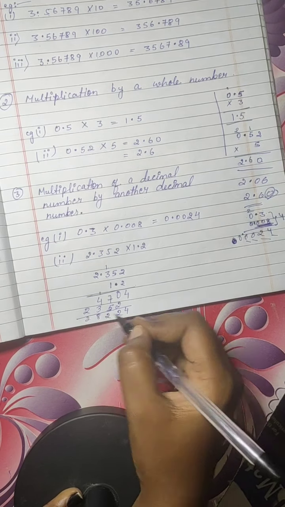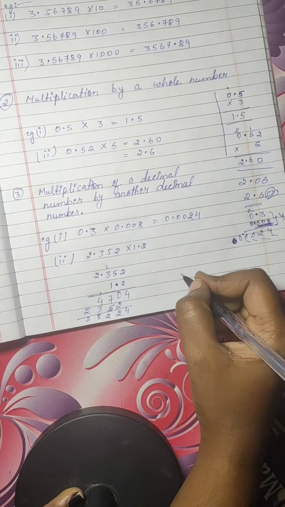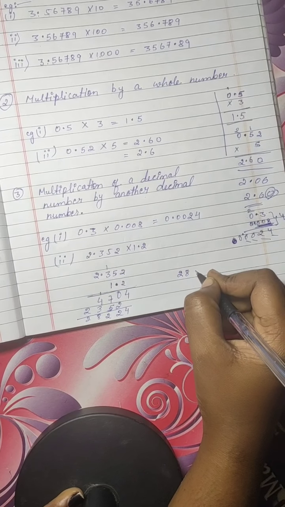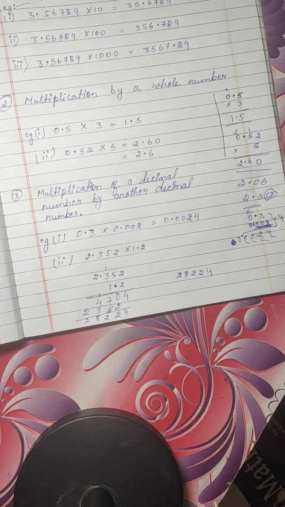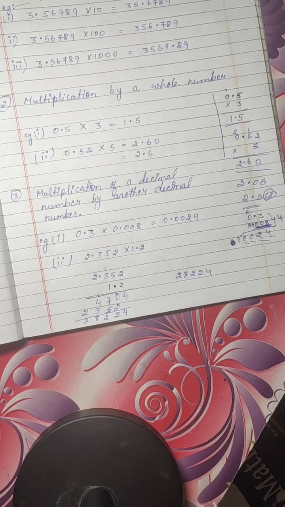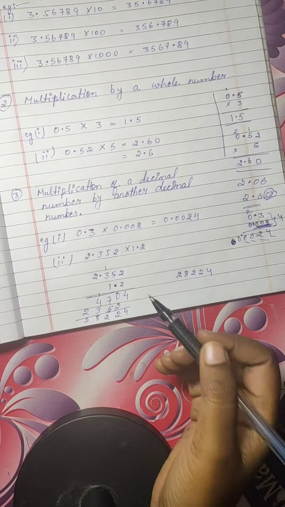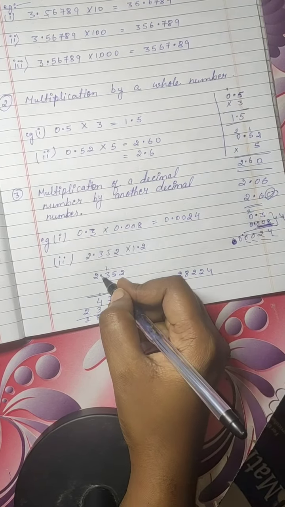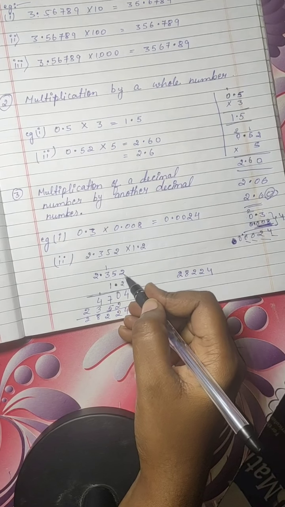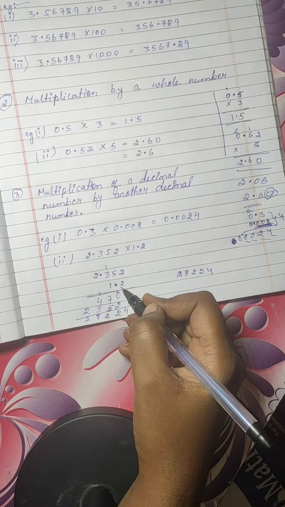8, 2. So what result do we get here? I will write it here. 2, 8, 2, 2, 4. This result has come after multiplying this. Now we will put the point. Now let's see in the first number, after the point, how many digits? Again 3 and here 1.